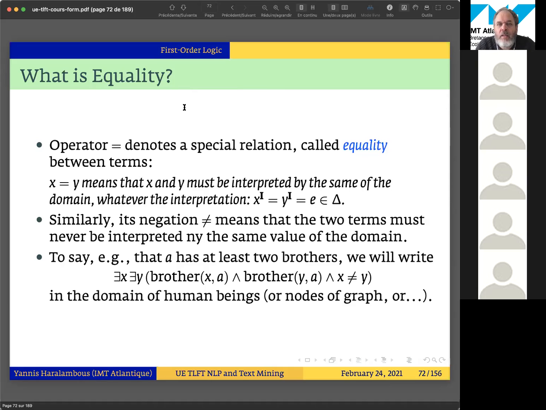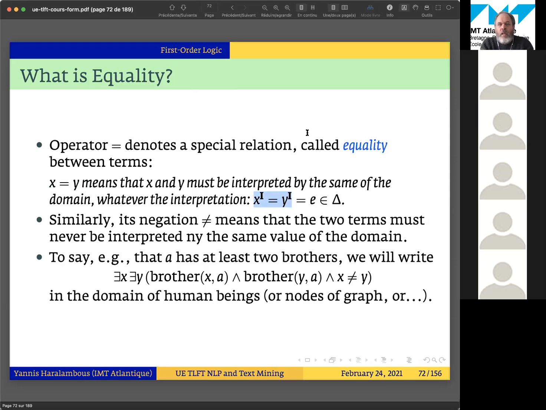The meaning is that when I write that x is equal to y, it means that in my interpretation, I have to take the same element for both. So this is a restriction on interpretations.